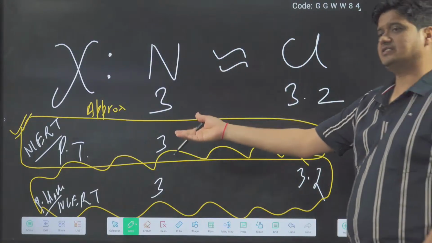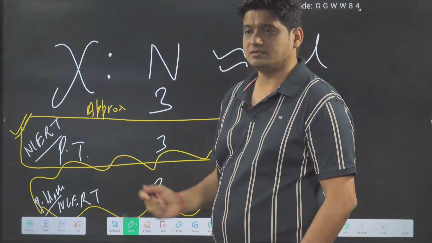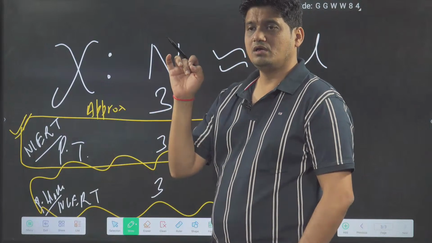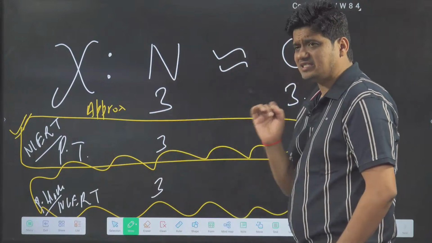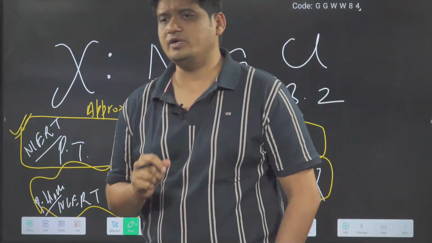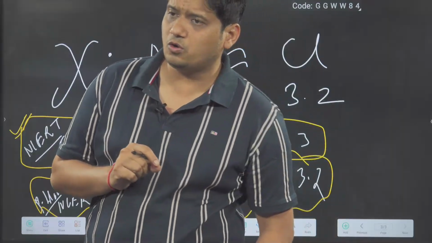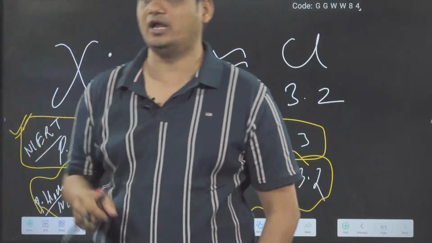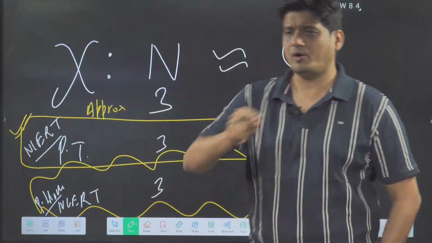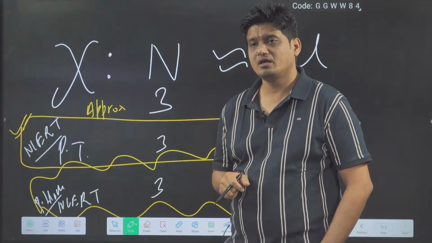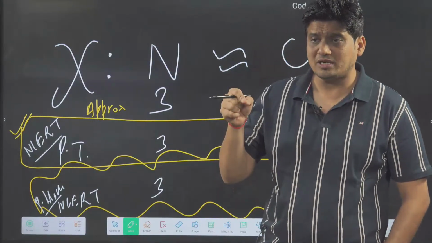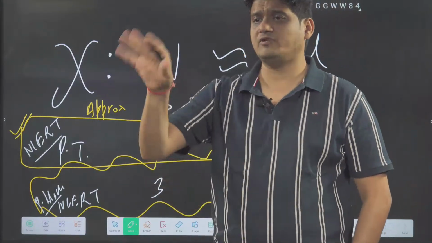So if the examiner gives the statement that electronegativity of nitrogen and chlorine are exactly equal, then you have to say this is false. If they use the term exactly equal, you have to say false.